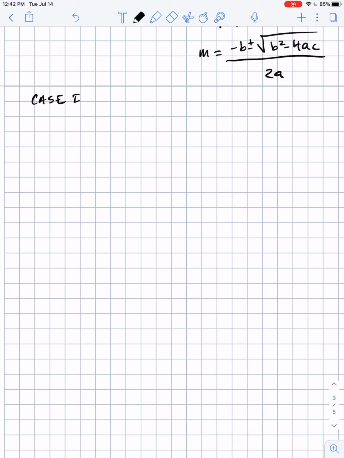So case number 1 is going to be, let's do 2y double prime minus 5y prime minus 3y equals 0, right?